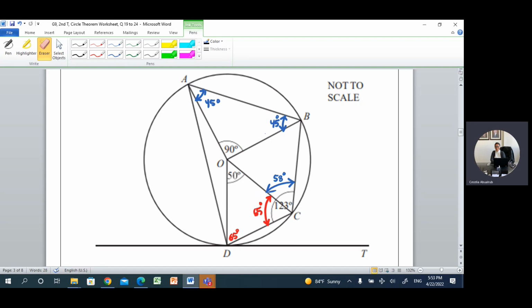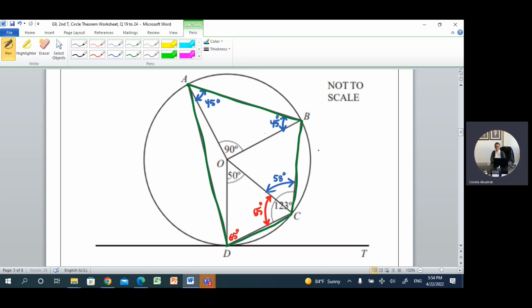Now, what can we do? Another angle that we can find. Let me choose the color. So from A to B to C to D and to A again.